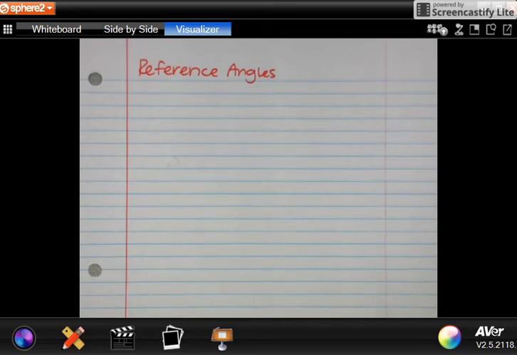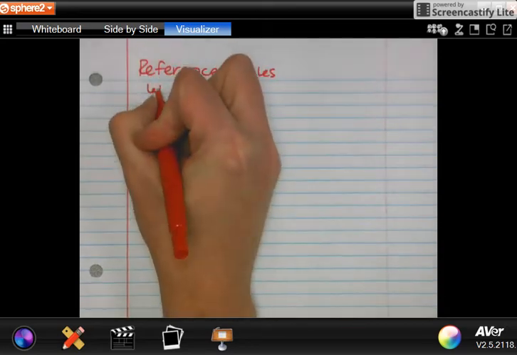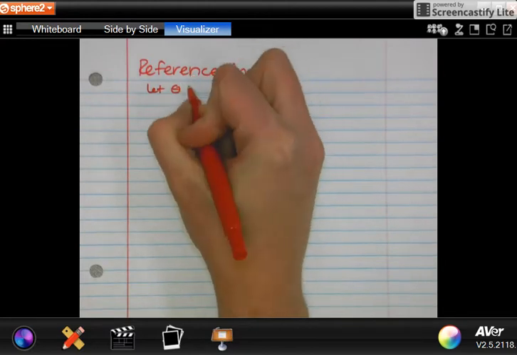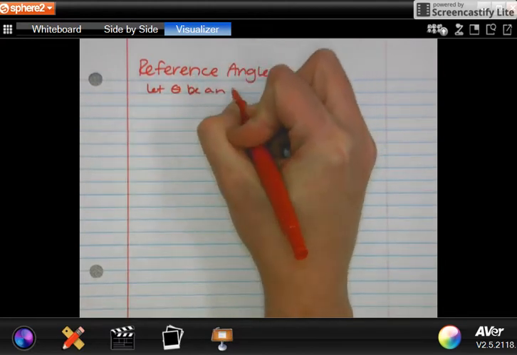Today we're talking reference angles. Let theta be an angle in standard position.